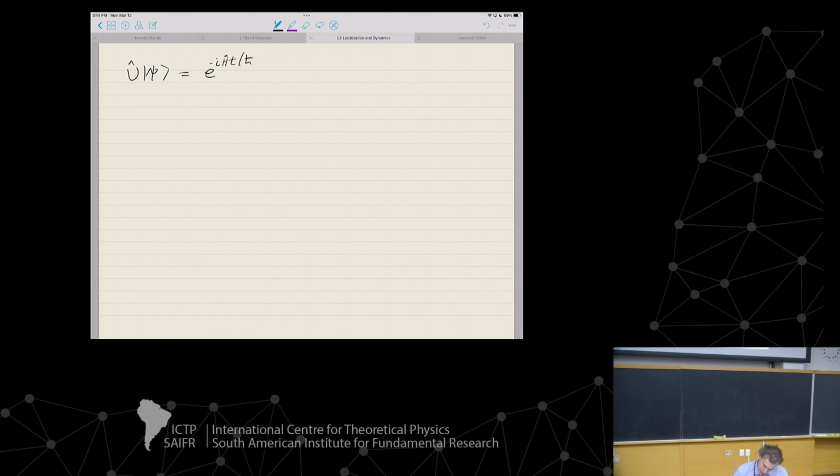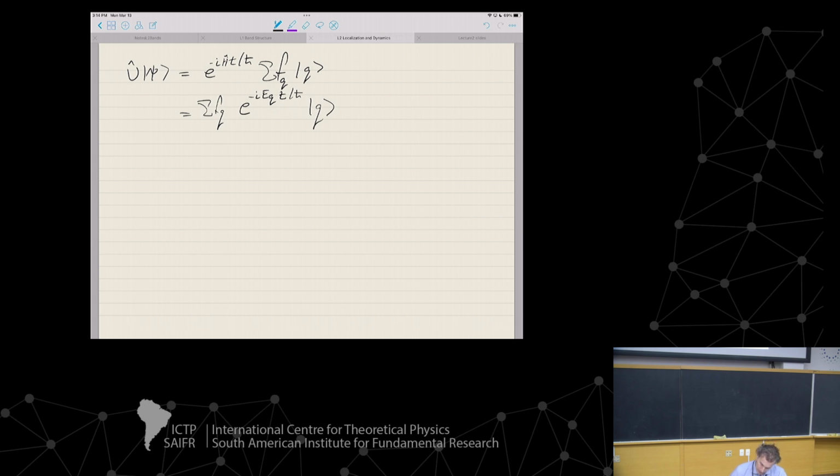So I'm going to apply this to my wave packet, which is a sum of quasi-momenta, and then what is that? That's e to the minus i E_q t over h bar times |q>, and now I'm going to use this Taylor expansion.